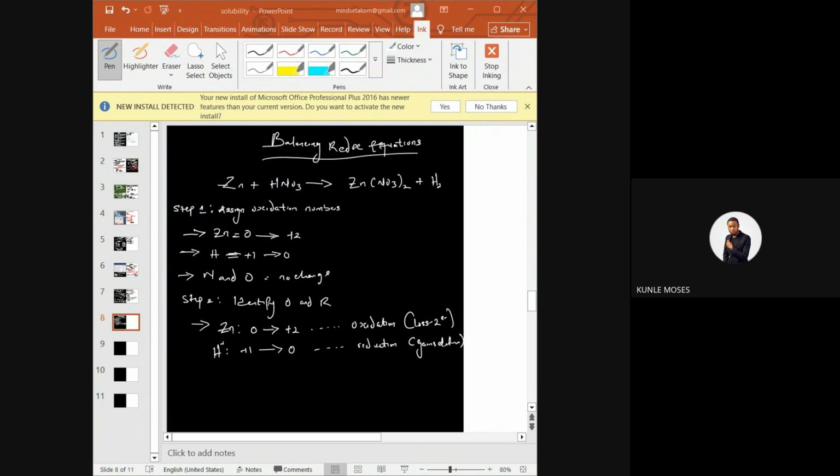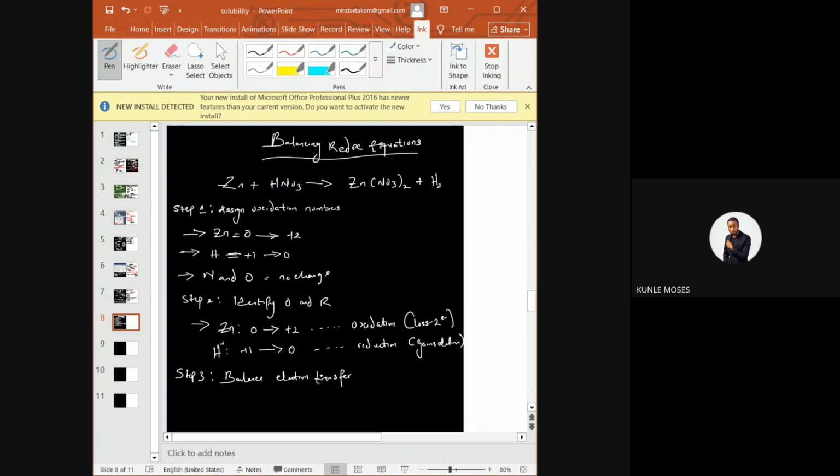Okay. So the next thing you need to do is to balance electron transfer, which is step 3. Now, if you want to balance electron transfer, we said zinc loses how many electrons?